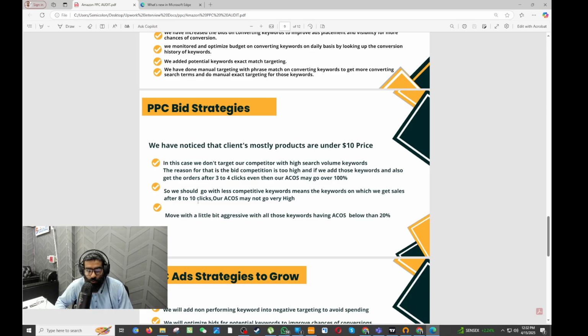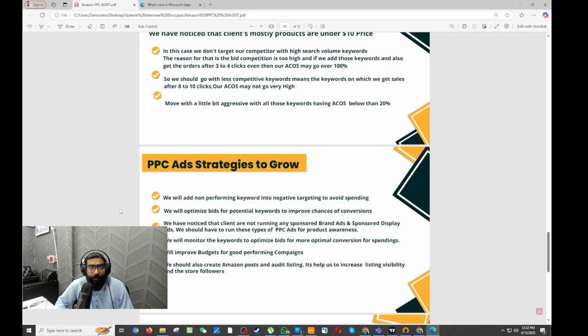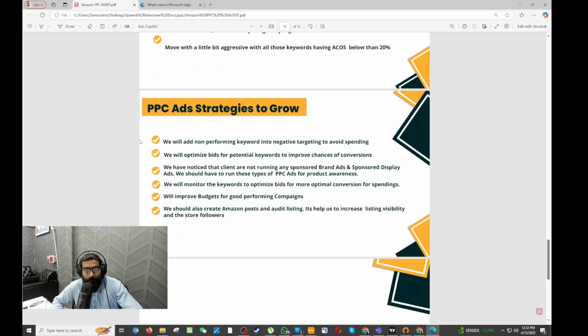So we should go with less competitive keywords, meaning keywords on which we get sales after 8 to 10 clicks. Our ACOS may not go very high. And we move a little more aggressively with all those keywords having ACOS below 20%.